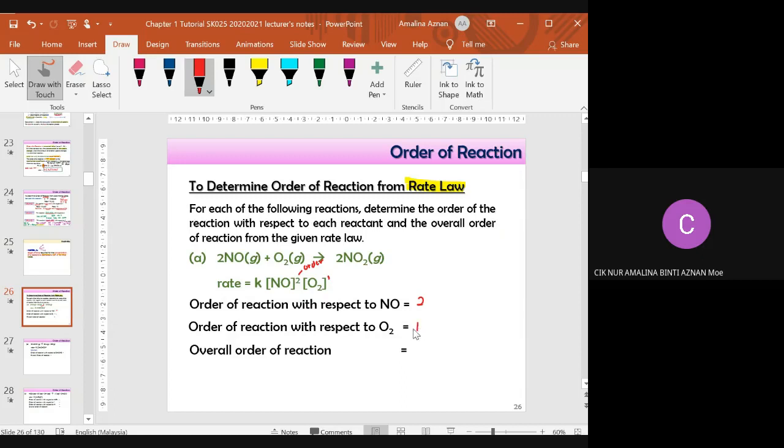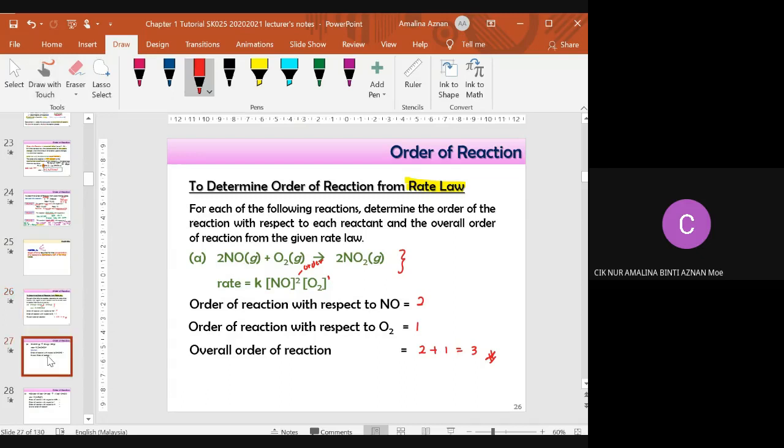So overall order for this reaction adalah 2 tambah 1 dapat 3. Okay, overall order for this reaction adalah 3. Right? So, kebetulan. So, kalau kamu nampak in this case, kebetulan order adalah sama dengan stoichiometry. But, dia tak semestinya samalah. Sometimes it's just a coincidence saja.